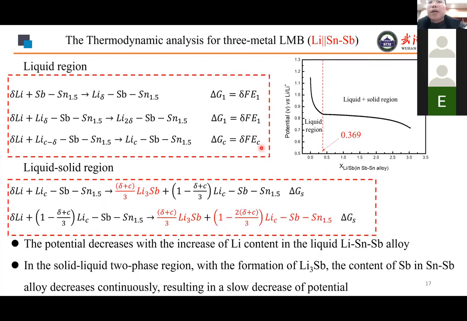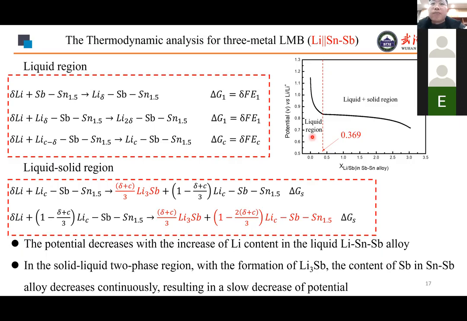In the lithium-tin antimony battery, the positive electrode is a lithium-tin antimony ternary alloy. Its positive reaction is more complicated. After the solid lithium antimonide is formed, the potential goes to a stable range, but it still decreases slowly.